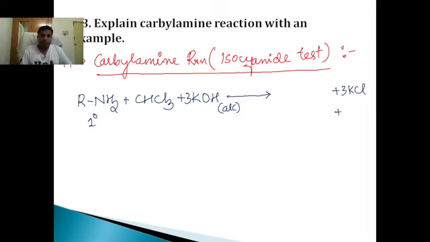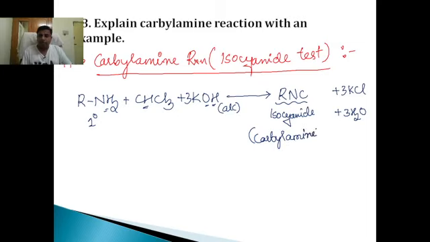Plus, there is hydrogen and oxygen, so you can eliminate 3 molecules of water. Then what else is left? RNC. This is nothing but isocyanide or carbylamine. The reaction is called the carbylamine reaction or isocyanide test, isn't it?